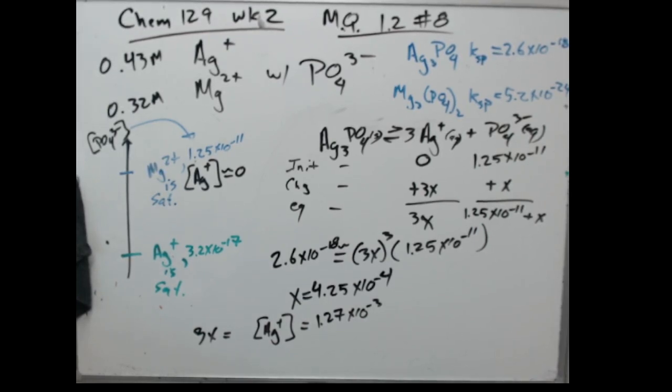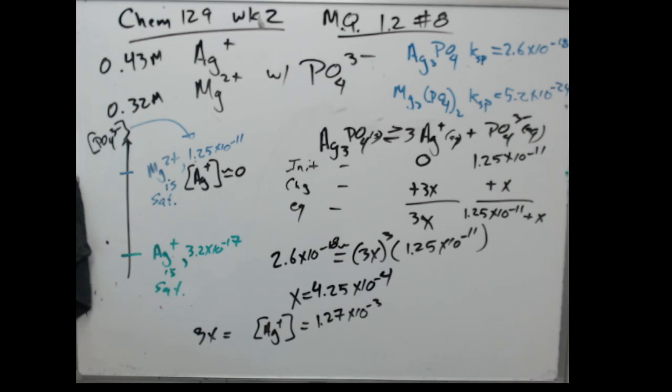Let me double check my work too. 2.6 times 10 to the minus 18 divided by 1.25 times 10 to the minus 11, to the power of... Whoa, I got something different that time.